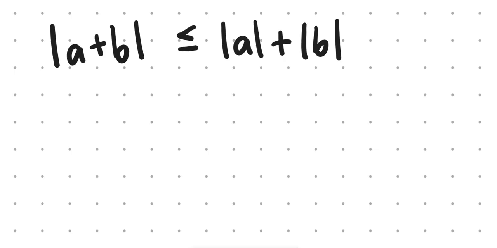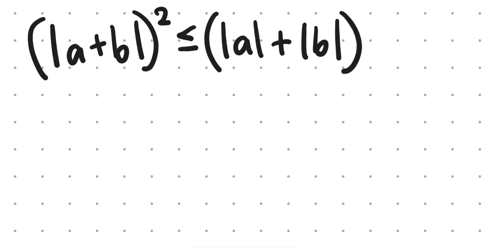I would like to prove this to you by using equivalence rules, where we square every single component. If we square the absolute value of A plus B, since it is always greater or equal to 0, we can already say that this is positive.